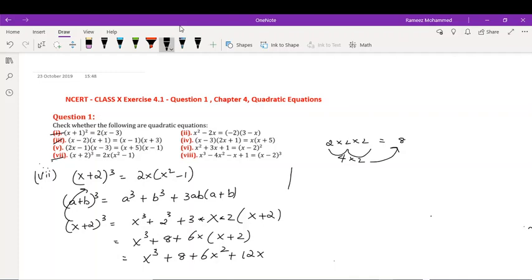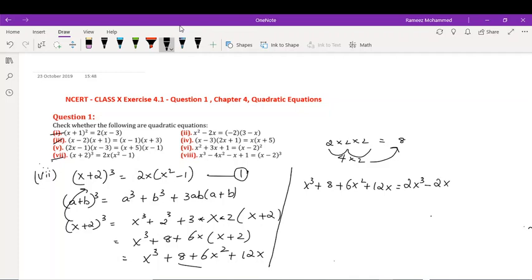Got it? So let me put that in. Assume this is equation 1. Let me put these values in equation 1. So this is x cube plus 8 plus 6x square plus 12x is equal to, multiplying out 2x(x square minus 1), you'll get 2x cube minus 2x.